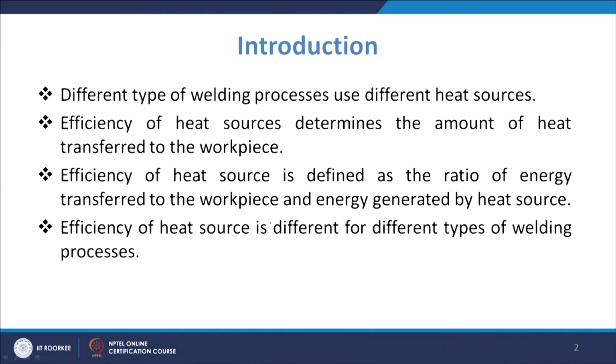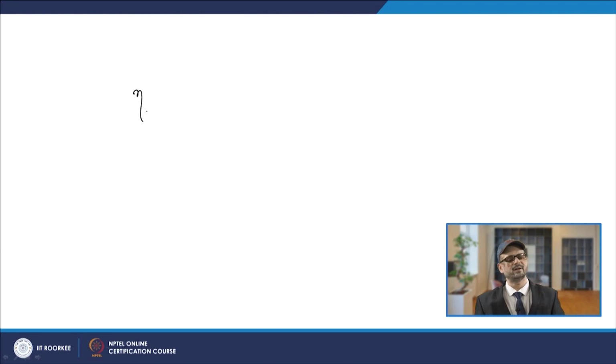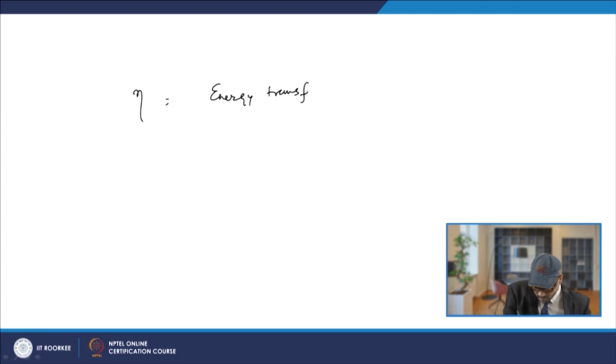The efficiency of a heat source is defined as the ratio of energy transferred to the workpiece and energy generated by the heat source. If you talk about the efficiency, that is defined by eta, so it will be the ratio of energy transferred to the workpiece divided by energy generated by the heat source.